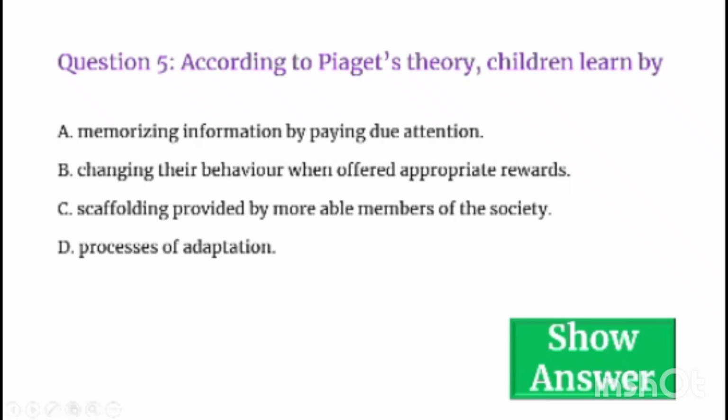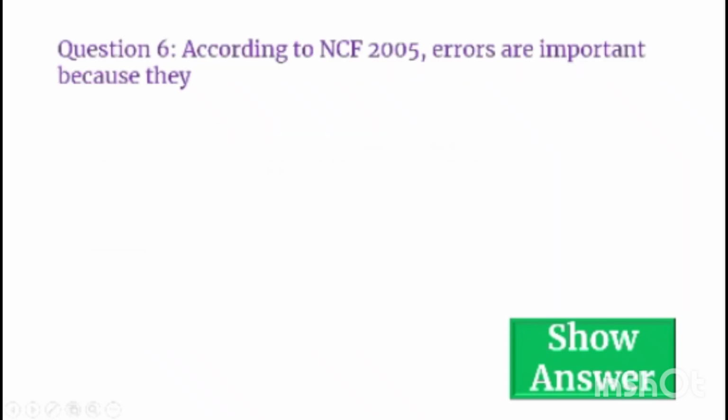Let's see on the screen. D. Process of adaptation is very easy, which is followed by children, and children learn by it. Who said? According to Piaget. Right? The next question on your screen you can see.